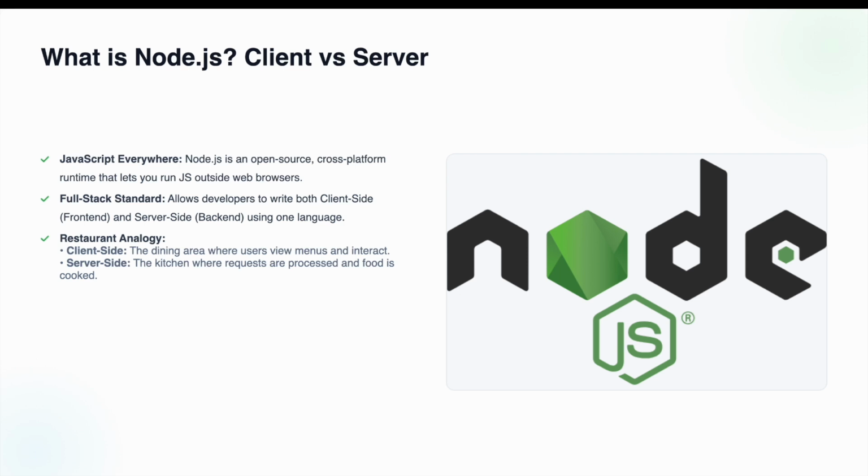Before Node.js, you needed one language to serve the food, that is the client, and a completely different language to cook the food in the kitchen, that is the server. With Node.js, your JavaScript skills let you handle both the front end of the house and the kitchen, like a waiter who is taking the order from you and giving it to the chef.